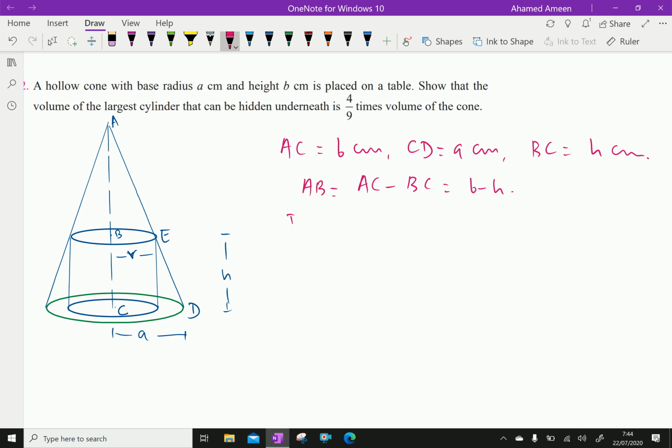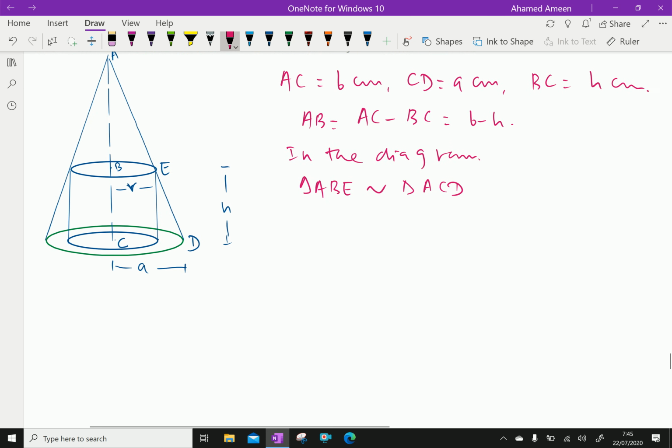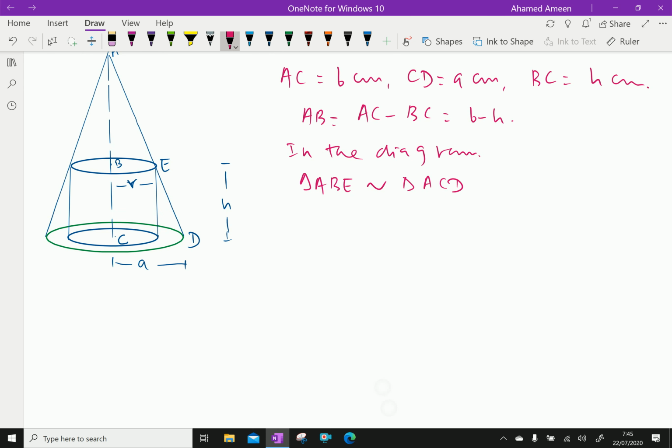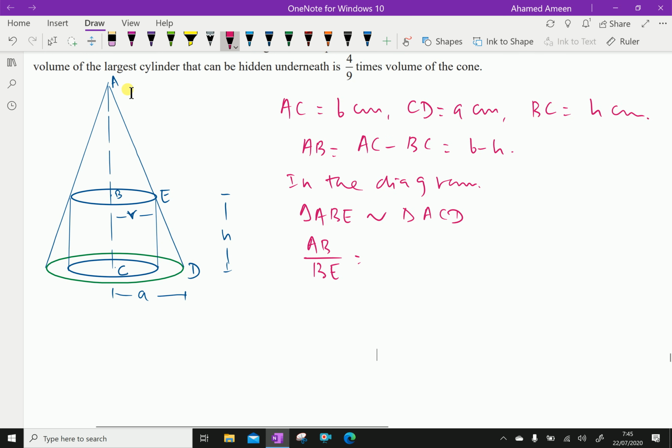In the diagram, look at this triangle: triangle ABE and triangle ACD are similar. Therefore, we can write the ratio AB over BE is equal to AC over CD.